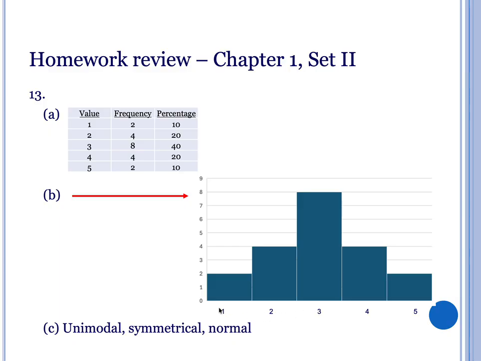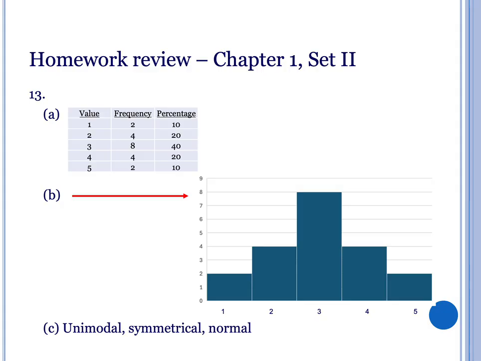So the value of 1 is on the x-axis. You've got 2 people who have 1s, and so your bar is 2 high. You've got 4 people that have 2s, and so you go up 4. 8 people that have 3s, so you go up 8, and on down the other side, right? Hopefully that makes sense.